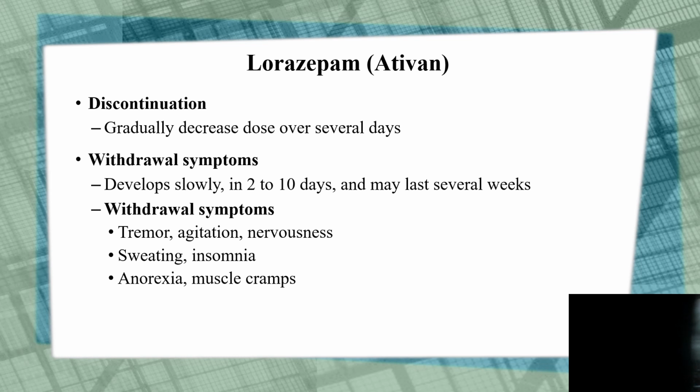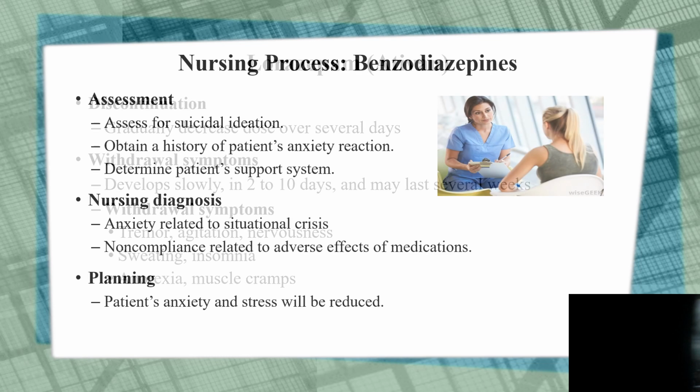So again, once Ativan is started, it's not a drug that the patient can decide, I don't want to take it anymore, and just stop it. It has to be gradually decreased over several days to prevent the withdrawal symptoms.